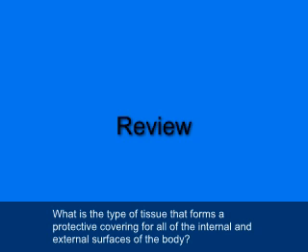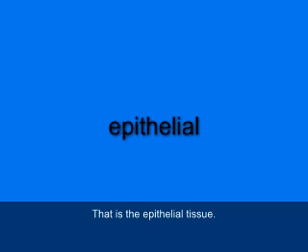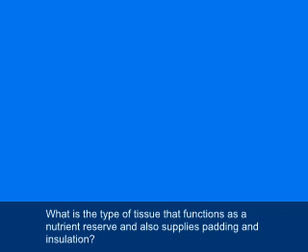First of all, what is the type of tissue that forms a protective covering for all of the internal and external surfaces of the body? That's the epithelial tissue, epithelial. What is the type of tissue that functions as a nutrient reserve and also supplies padding and insulation?